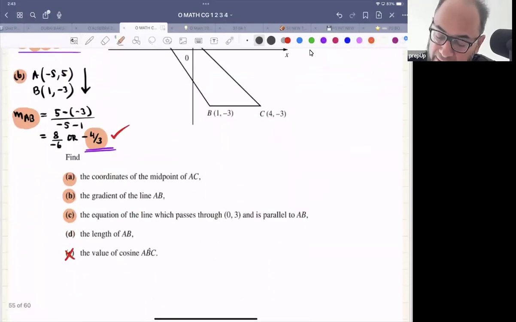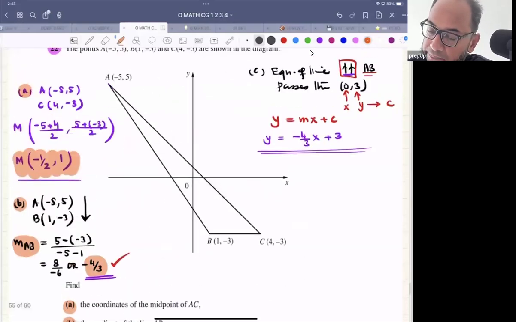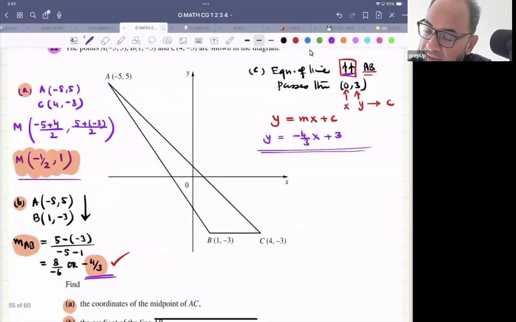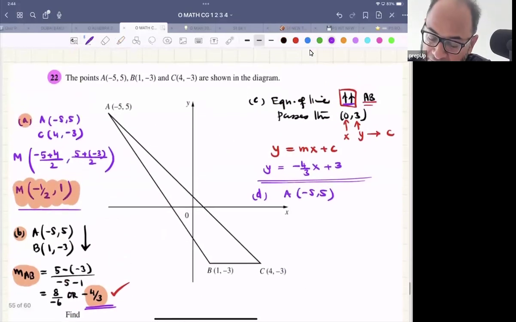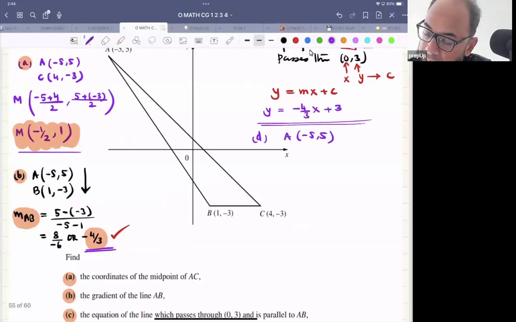Last but not the least, that is the length of AB. So we have A, this is point D, part D. A is minus 5, 5, and we are looking for B, which is 1 and negative 3. Again, do the subtraction. So therefore, AB magnitude, that is a big square root, and then the difference in the x coordinate, minus 5 minus 1, the whole thing square.